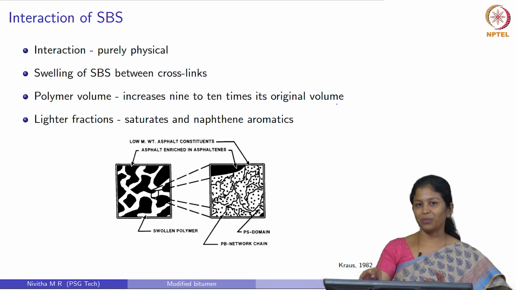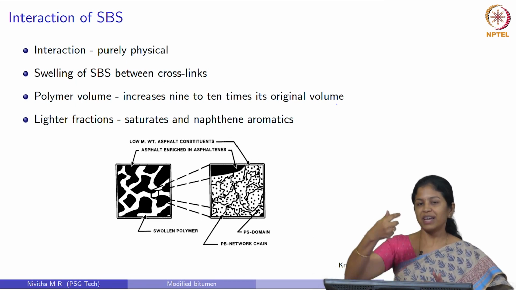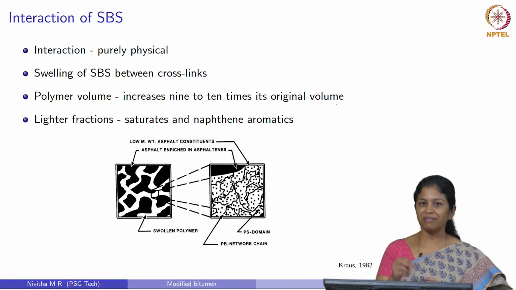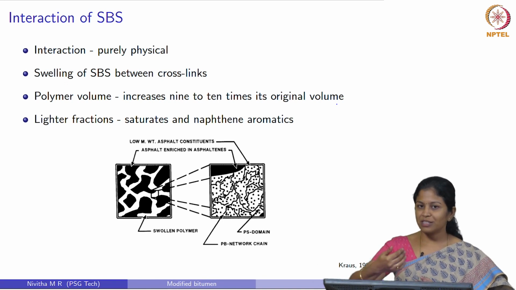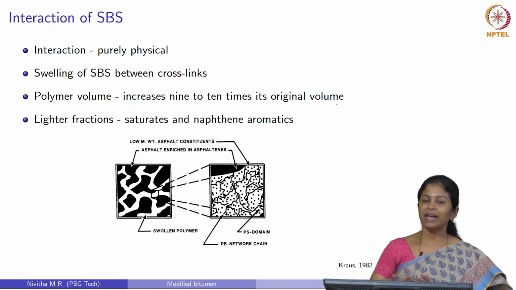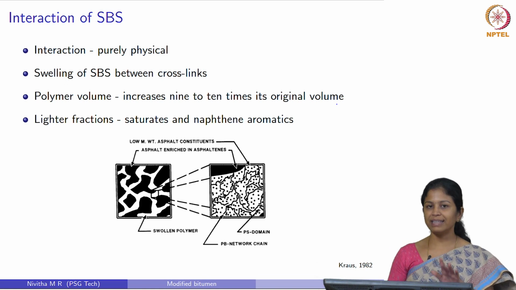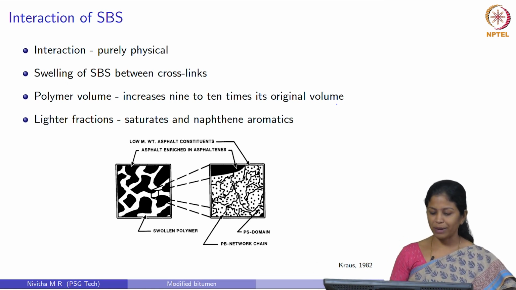This is the reason why we were able to see a phase inversion for the addition of 7% of SBS to base bitumen. We have seen that when we add 7%, the polymer dominates such that it forms the matrix. This is because of the increase in volume on absorption of lighter fractions, and these lighter fractions, like I have already said, are saturates and naphthalene aromatics.